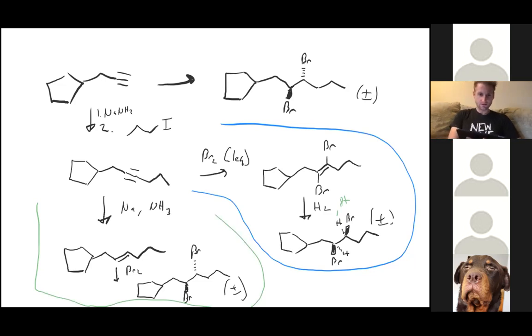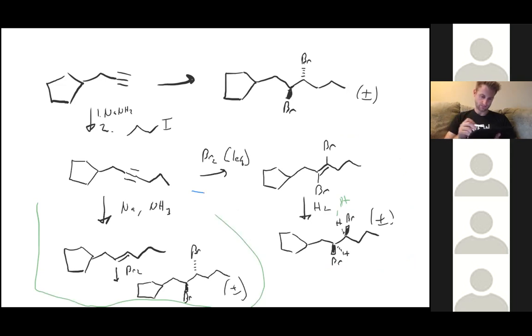Can you explain why you used the Na/NH3 instead of like the Lindlar's catalyst? Oh, yes. Okay. So I'm going to erase this blue pathway, or maybe just this top answer up here. Okay.